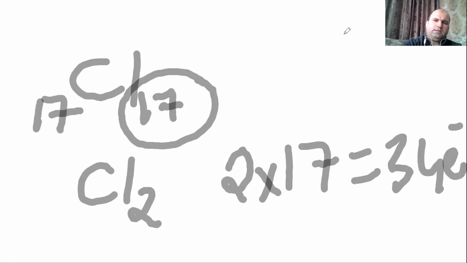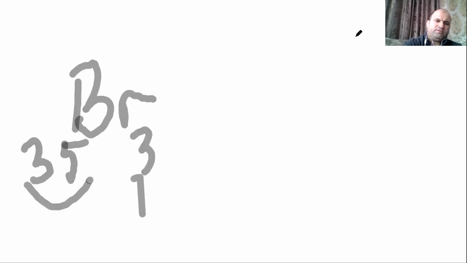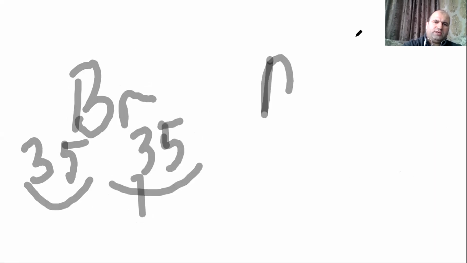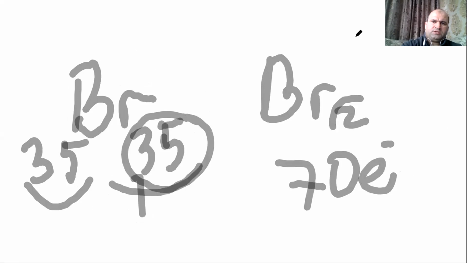Then bromine is 35. I got these numbers from the periodic table. Br2 is going to be 70 electrons, 35 times 2 because it is diatomic.